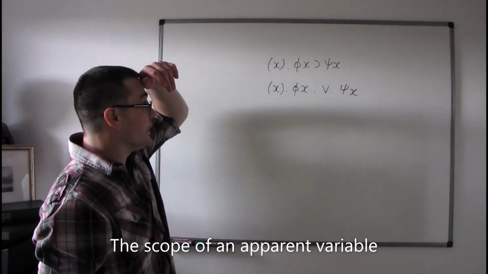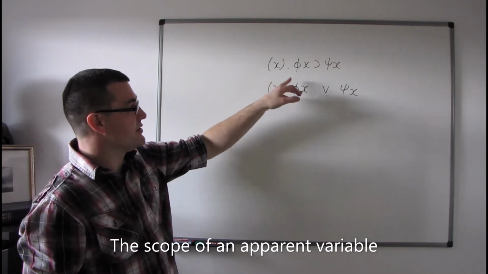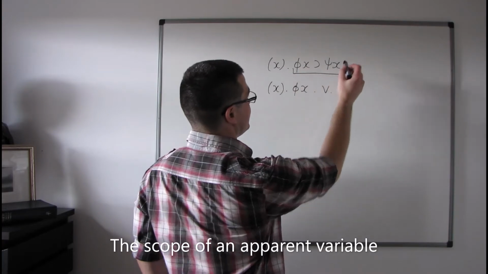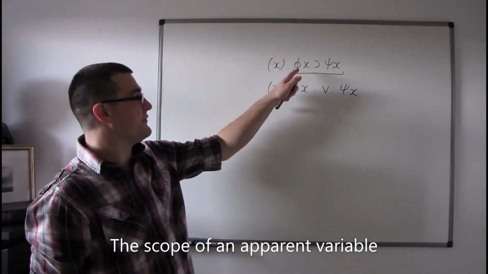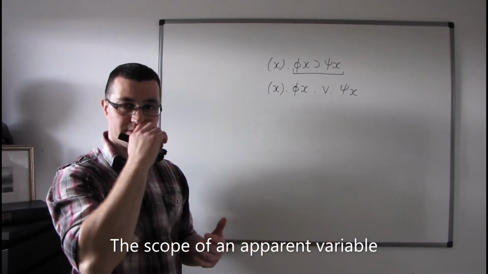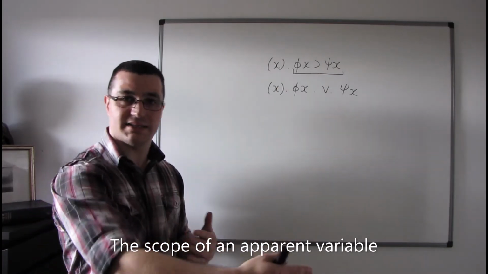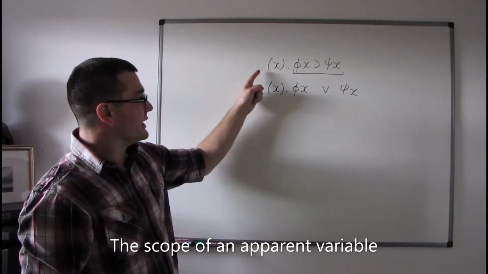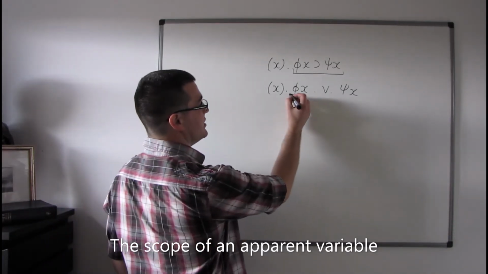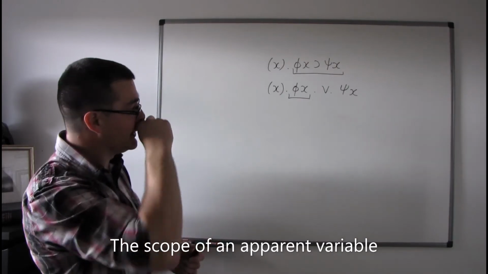Okay, so in the first case, the scope of the apparent variable is this here. So it's the function really over which the apparent variable extends. So the part of the expression over which the apparent variable extends. In contrast to this here, the apparent variable only extends over this part of the expression. And this is really indicated by the dots.